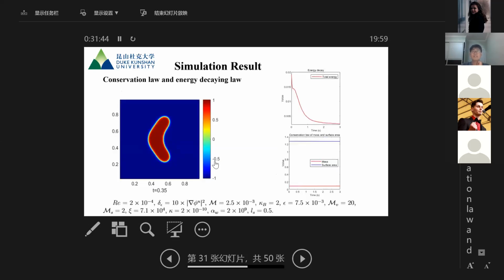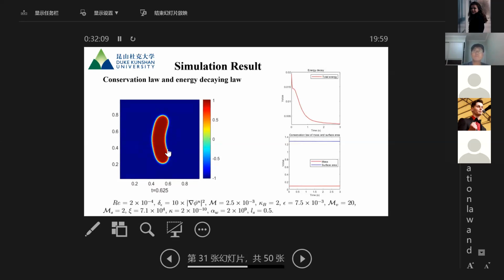Now we do some simulation. First, this is a red blood cell which is initially bent. Then I remove all the force and let the red blood cell bounce back. You can see that it bounces back to its original biconcave shape as time evolves.